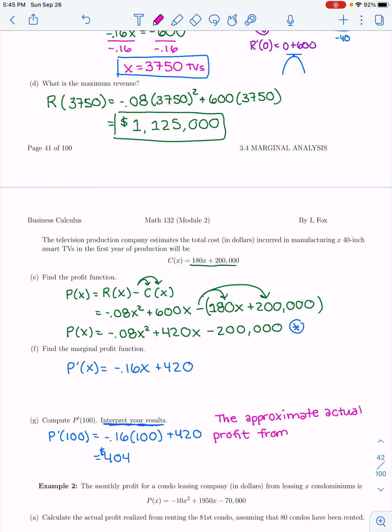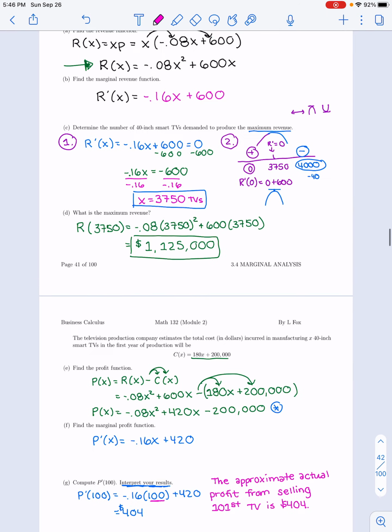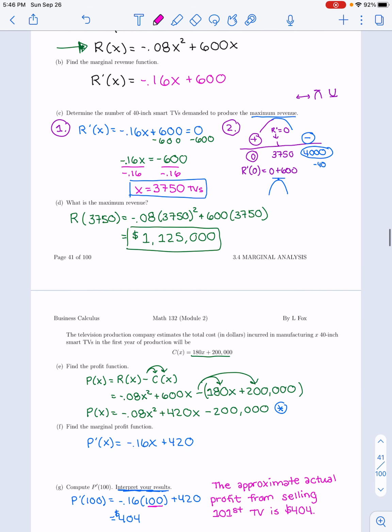So the approximate actual profit from selling, and it's always the next unit. So we plugged in 100, so it's going to be from selling the 101st TV, or smart TV if you want to get super specific. The approximate actual profit from selling just that 101st TV is $404. Not a bad profit off of selling a single TV. But there's some practice using revenue and profit, and we're going to obviously do some more in the coming examples.